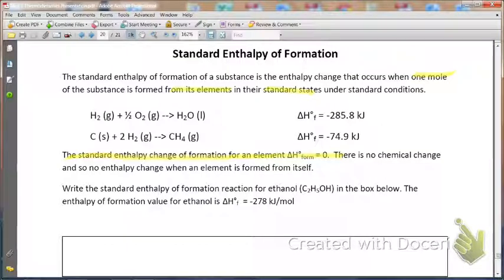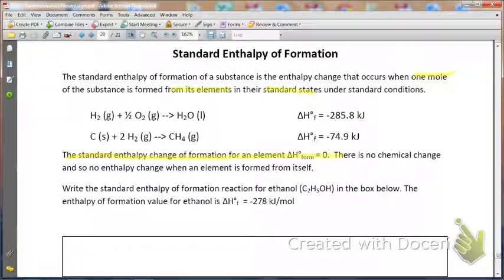So there is no enthalpy change or potential energy change when we create an element, because elements are not created by chemical reactions. They're created through other processes. So we just assign an enthalpy of formation value for an element as 0. And so don't forget that.